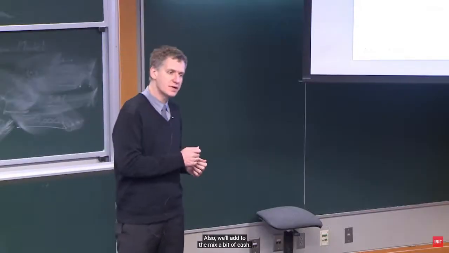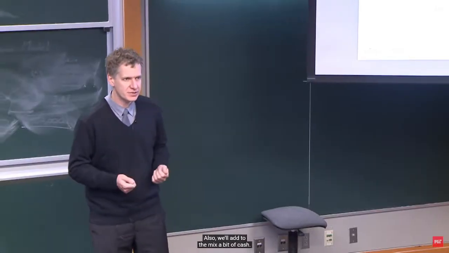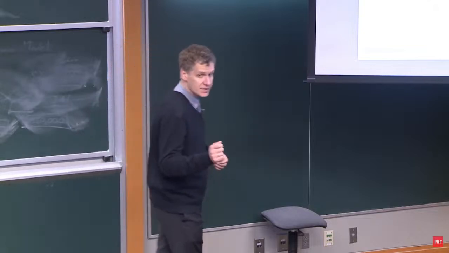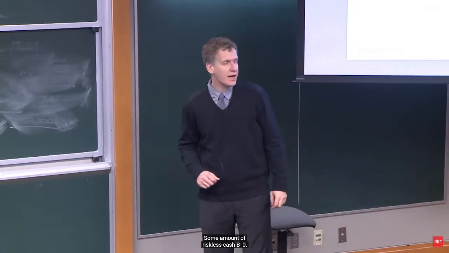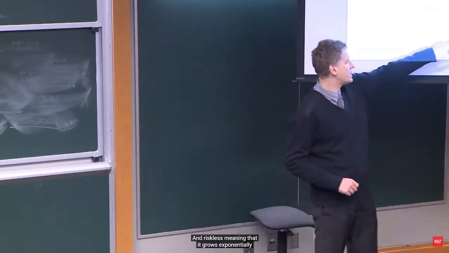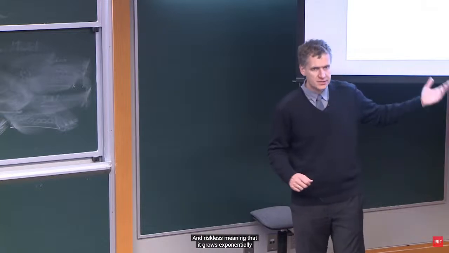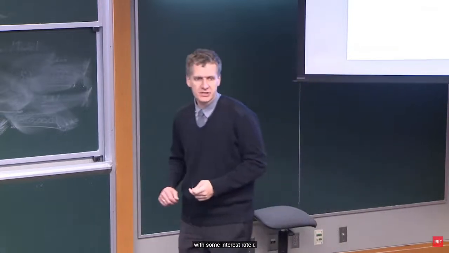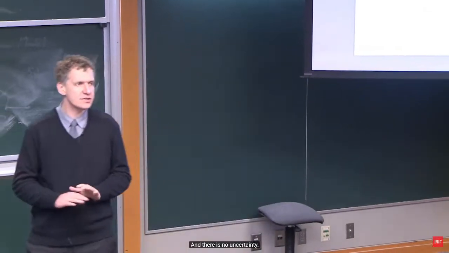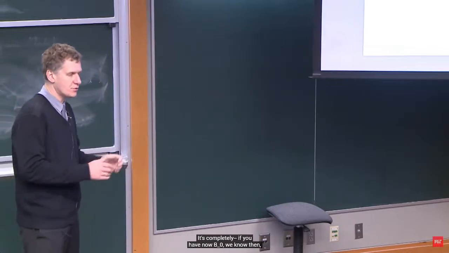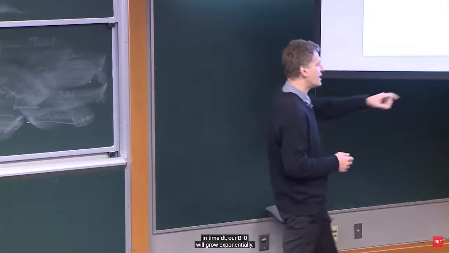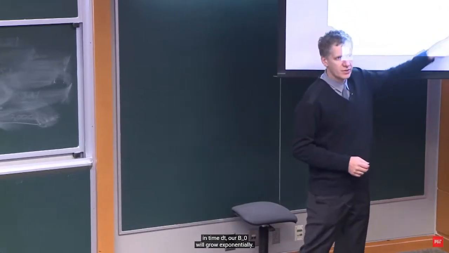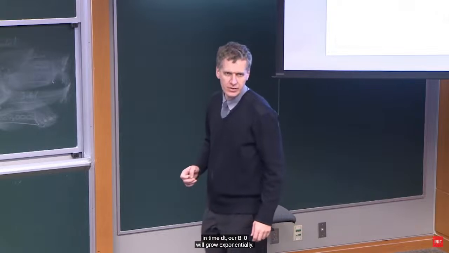Also we'll add to the mix a bit of riskless cash, B0, some amount of riskless cash. Riskless meaning that it grows exponentially with some interest rate R. There is no uncertainty: if you have B0 now, we know that in time dt our B0 will grow exponentially.